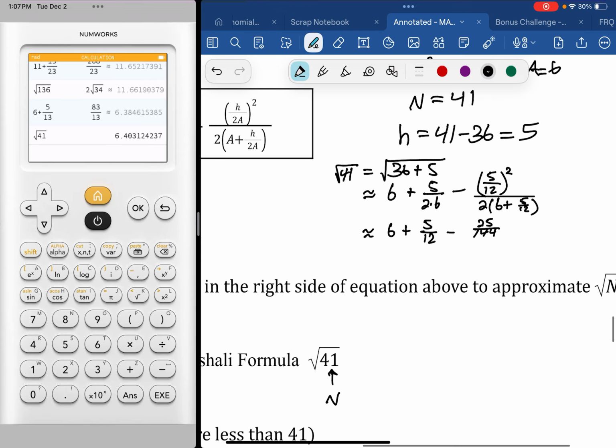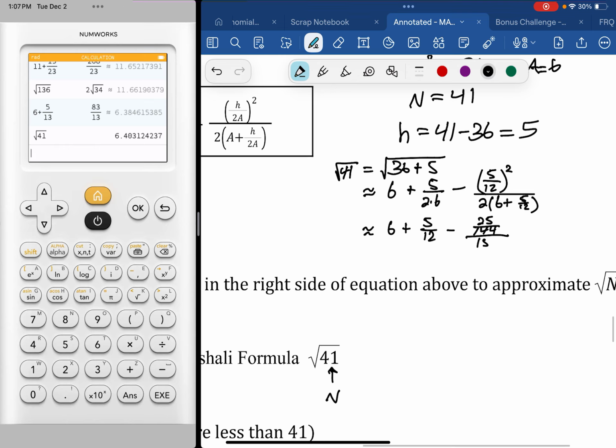Again, it's 6 plus 5 over 12. 6 is really, if I'm doing it as a value over 12, 72 over 12. So 77 over 12. 154 over 12.